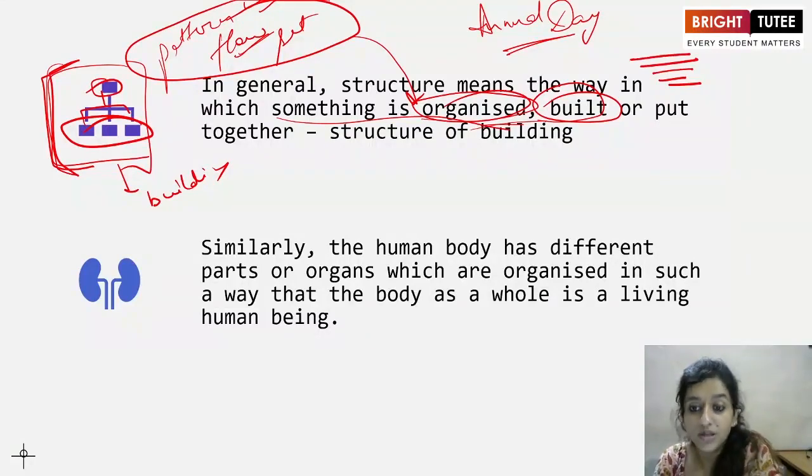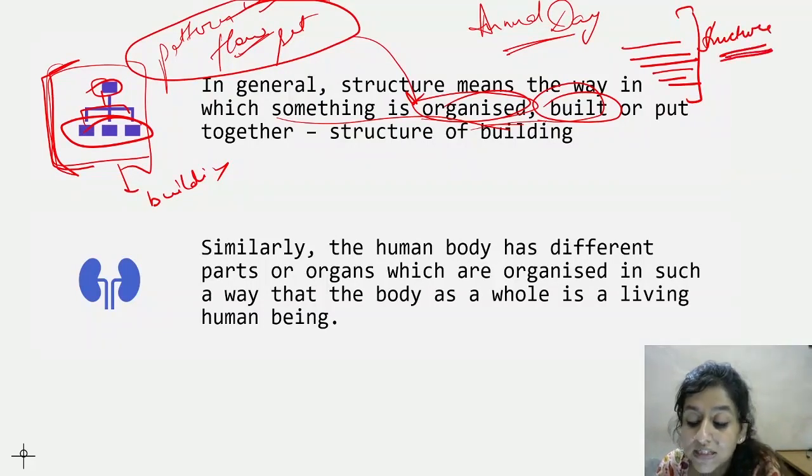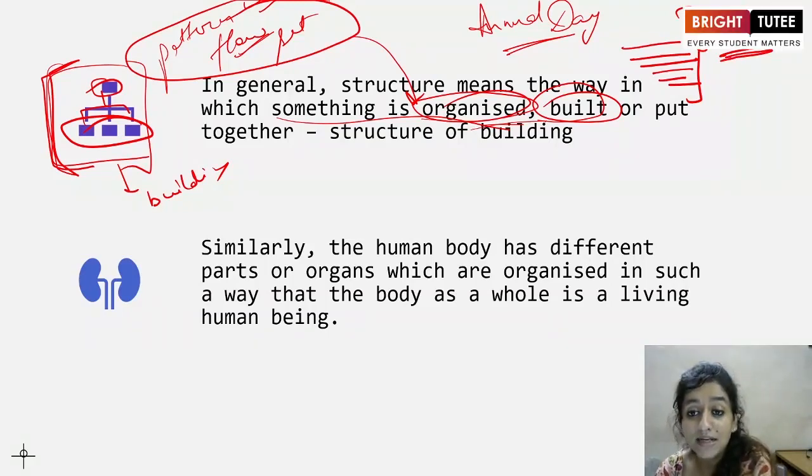Who will be your guest of honor? How many teams will be there, serving different roles? All of these things form the structure of a successful annual day event. So that is exactly what structure is in very normal terms.